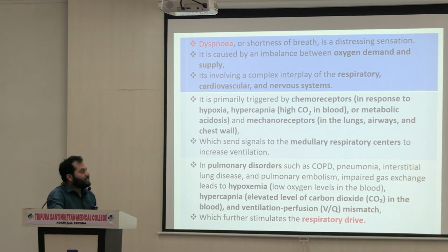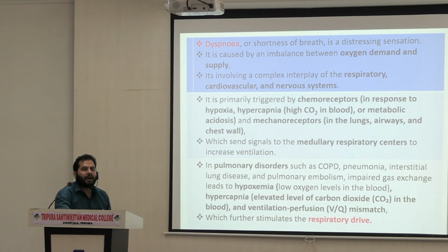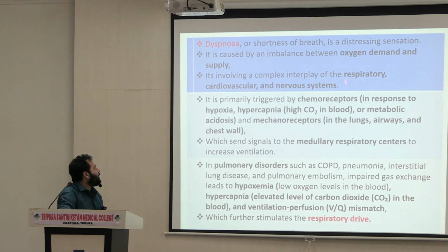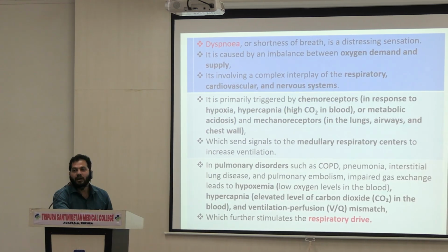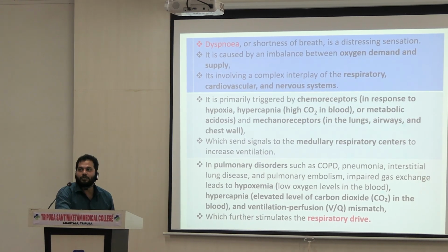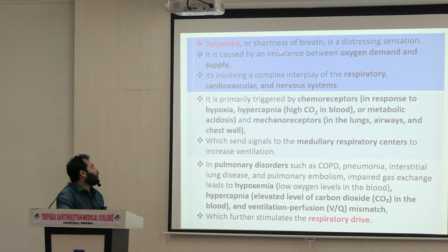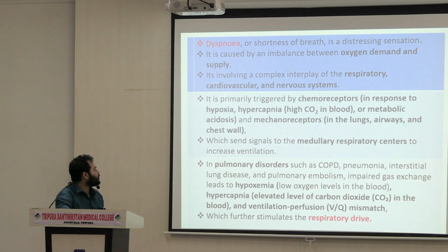The most important sites affected due to this imbalance are the respiratory system, cardiovascular system, as well as the nervous system. Three major systems of our body are affected due to the imbalance between demand and supply of oxygen.